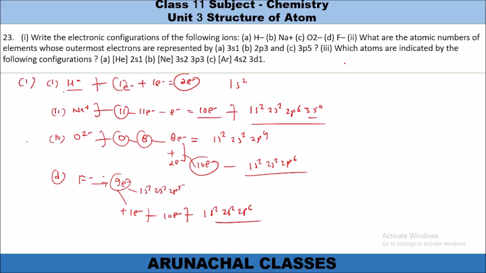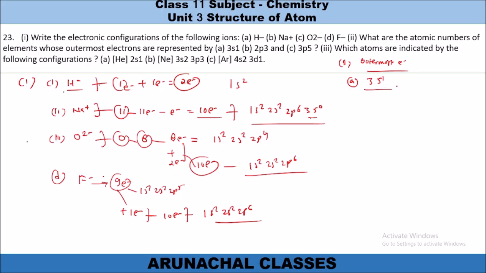In the second part, they are asking what is the atomic number of the element whose outermost electrons are given. Here A is given as 3s1. We have to tell the atomic number of that element.